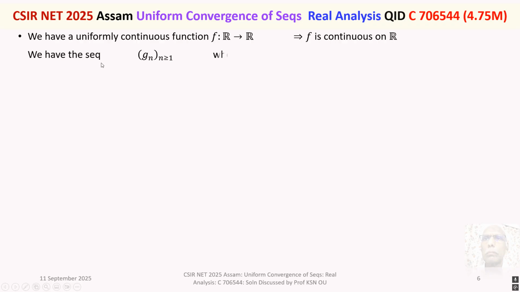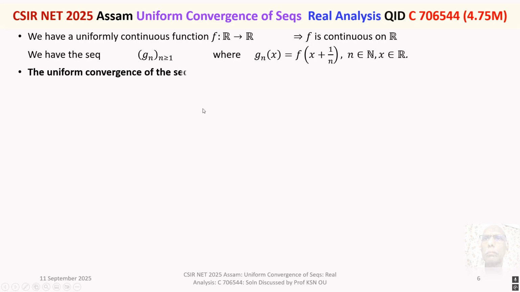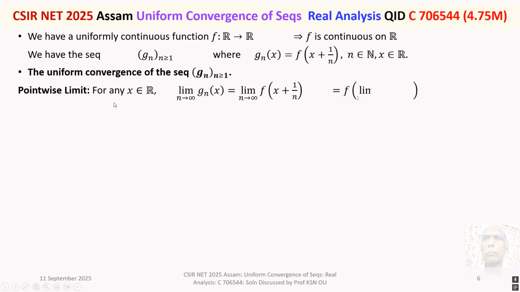We have the sequence Gn, where Gn is defined as Gn of x is equal to f of x plus 1 by n, n belongs to N, x belongs to R. We will now discuss the uniform convergence of the sequence Gn. First, we find the pointwise limit if it is pointwise convergent.